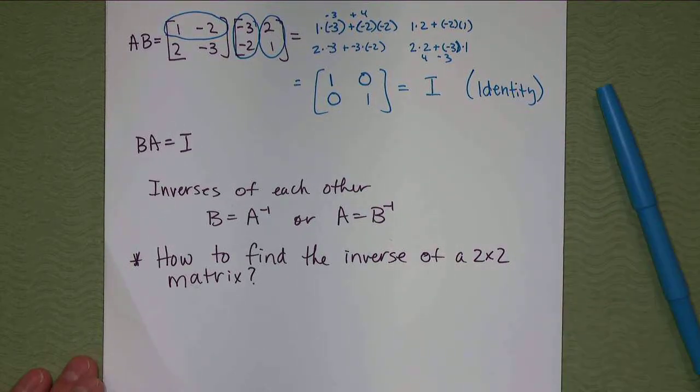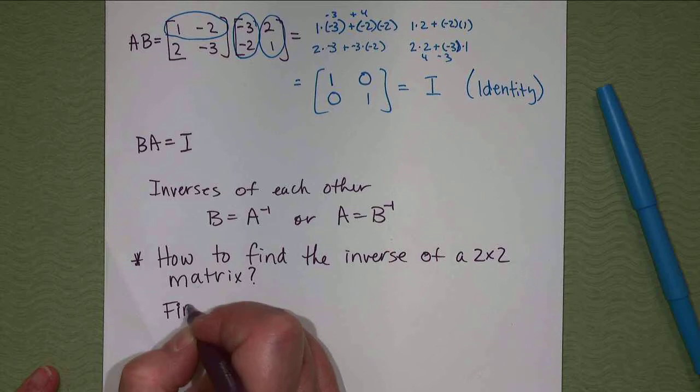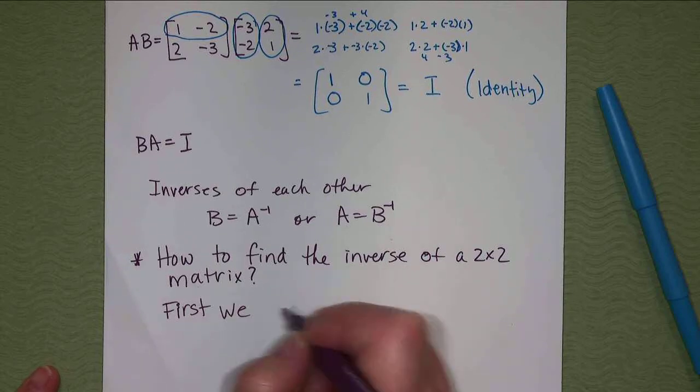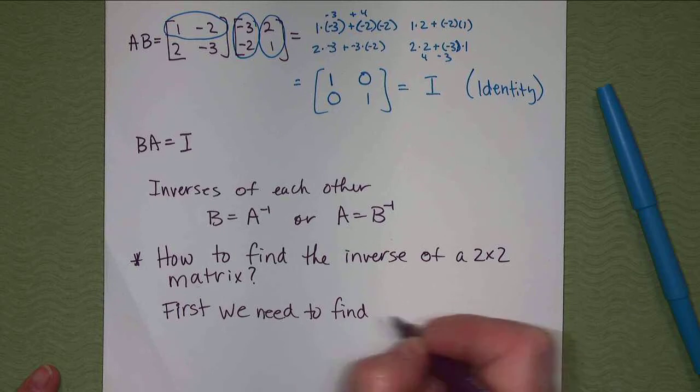Okay, and there's only a special case where there's not a fraction in your inverse. Okay, so how to find the inverse of a 2 by 2 matrix? First, we need to find what's called the determinant.